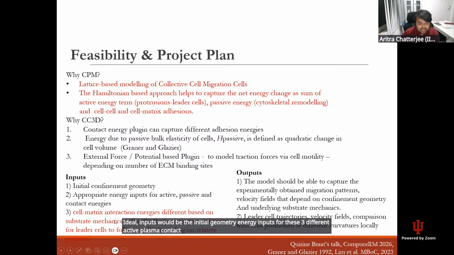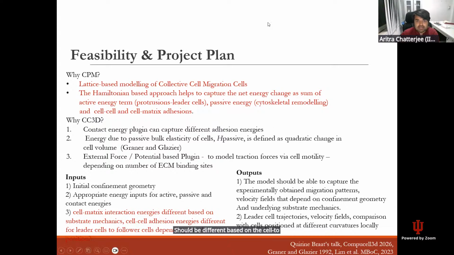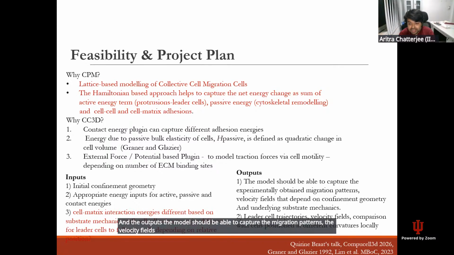And then we will try to see whether this works, because it's something I'm not sure of. I'd appreciate feedback on whether the cell-matrix interaction energies should be different based on the cell-to-cell layers or something else. And for the outputs, the model should be able to capture the migration patterns and the velocity fields as a metric, whatever inputs are given. That is what we are trying to do.